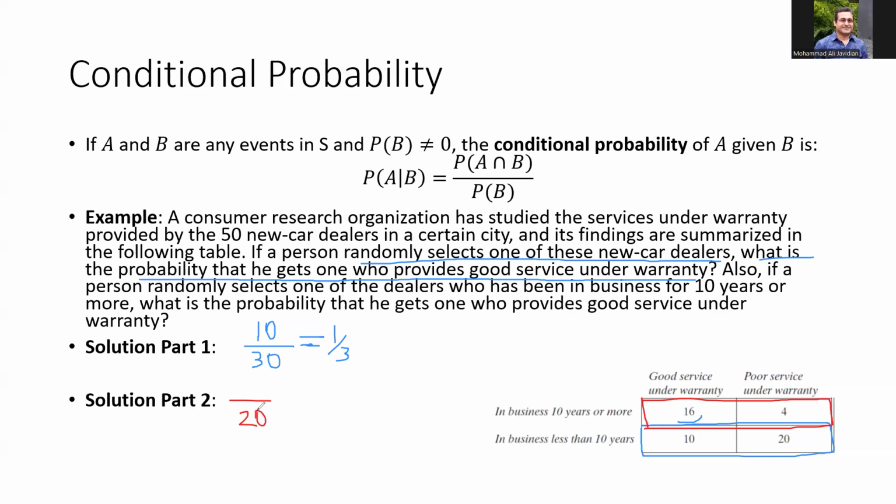And the number of dealers with good service 10 years or more is 16. So 16 divided by 20, divide both by 2, 8 divided by 10, is 0.8. So it's an 80% chance to have good service, which makes sense.